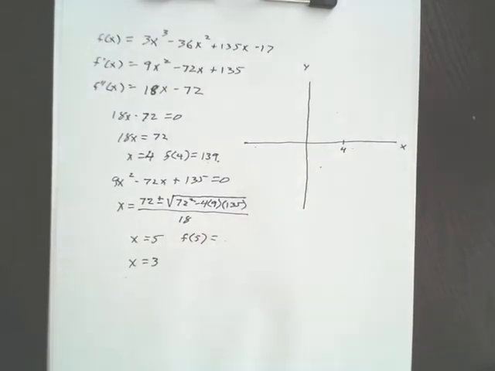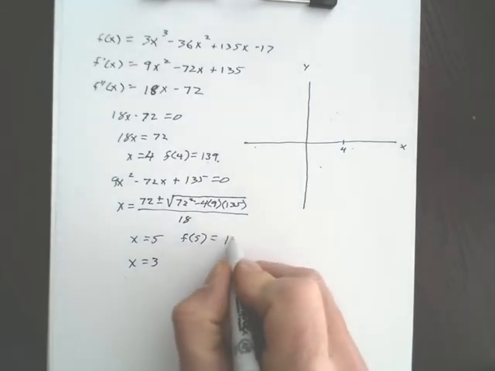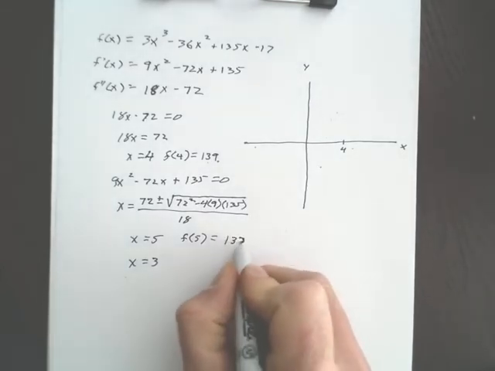Now what is f of 5? F of 5 is 3 times 5 cubed minus 36 times 5 squared plus 135 times 5 minus 17. So that is 133.